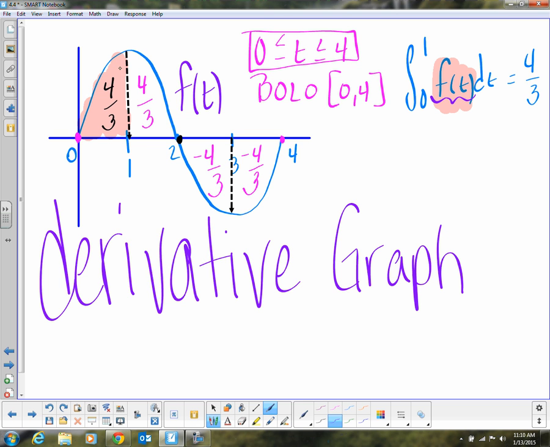Okay? When the first derivative is positive, what's the original doing? Increasing. When the first derivative is negative, decreasing. When the first derivative is increasing, the original is concave up. When the derivative is decreasing, the original is what?